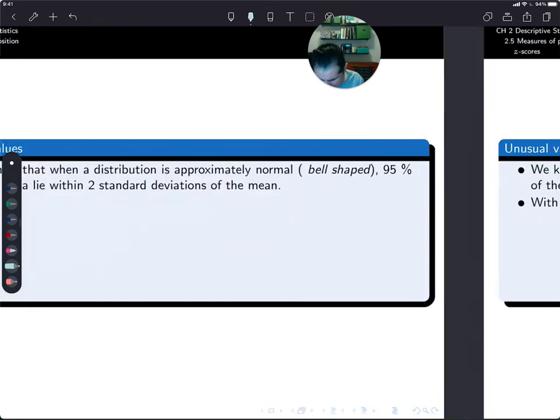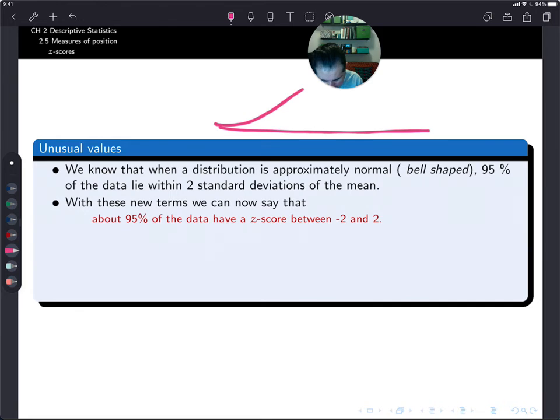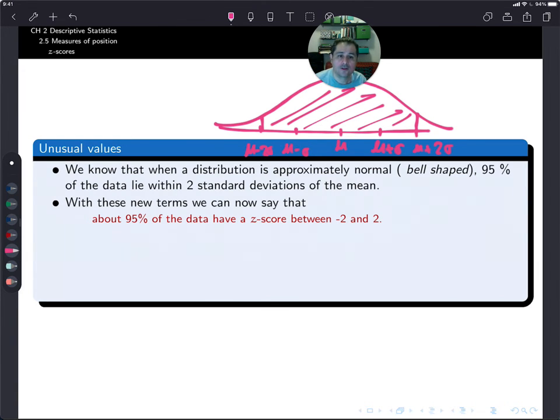When you have a curve with this shape, and this is the mean, and you have the mean plus a standard deviation and the mean plus 2 standard deviations, and to the left, the mean minus a standard deviation and the mean minus 2 standard deviations, we know that 95% of the data are right here. In terms of z-scores, that's just -2 and +2, meaning you're 2 standard deviations to the left or 2 to the right.